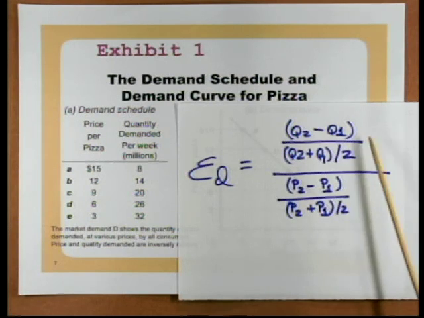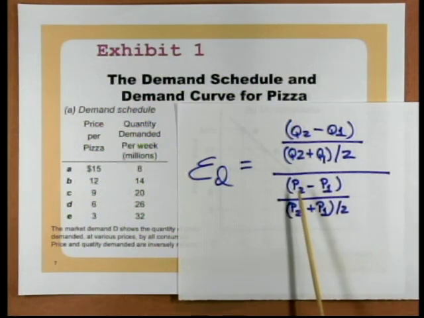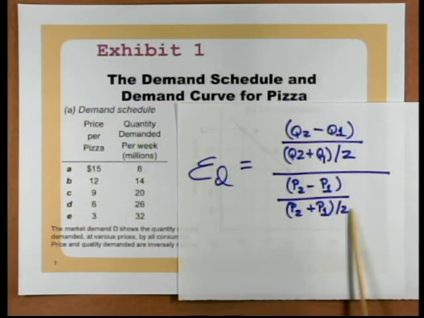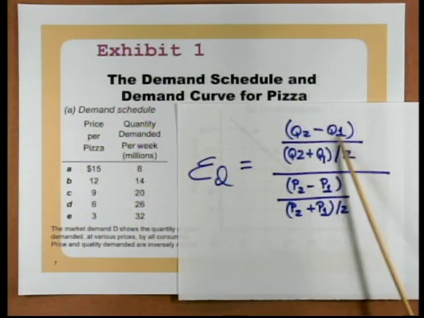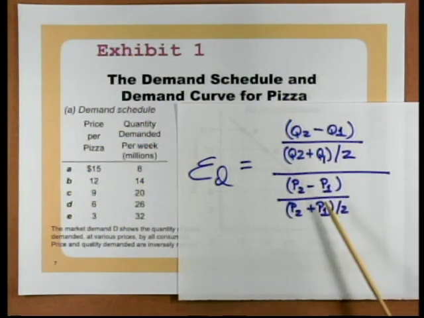So that's the numerator. In the denominator, I'm going to take the difference in the prices and then take the average of those, divide this portion out, divide this portion out, so I'm going to get a numerator and a denominator, and then I'm going to divide the two.